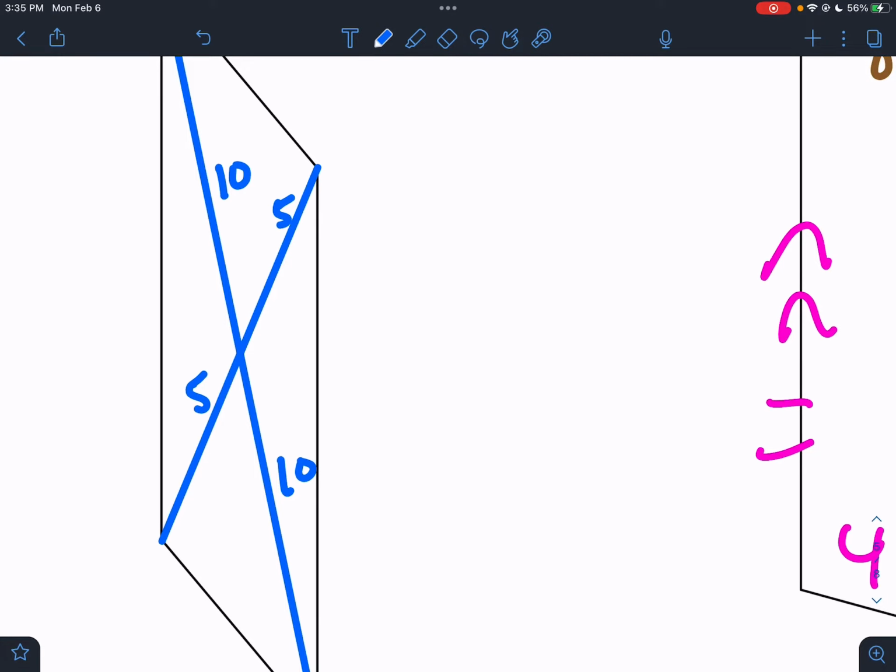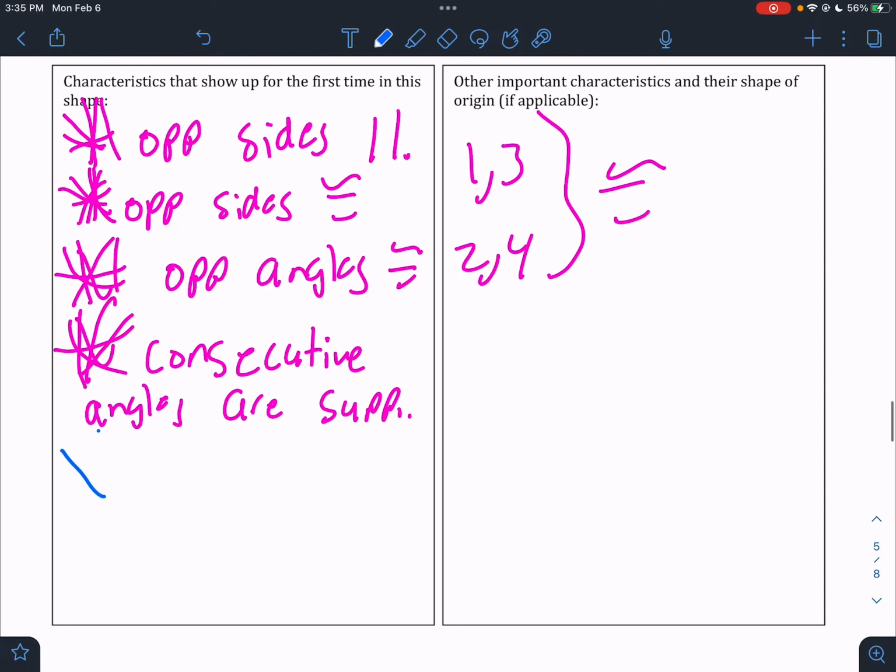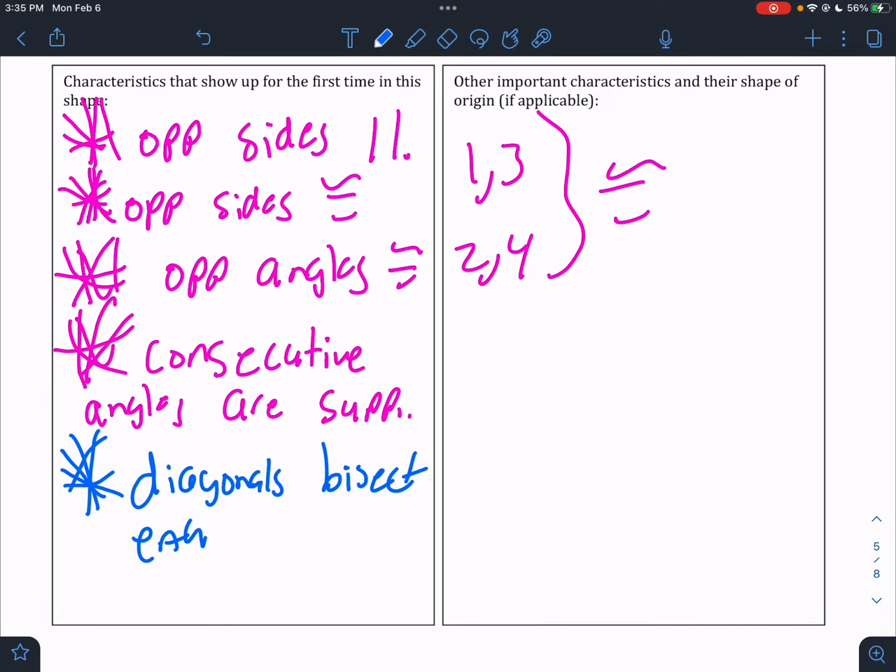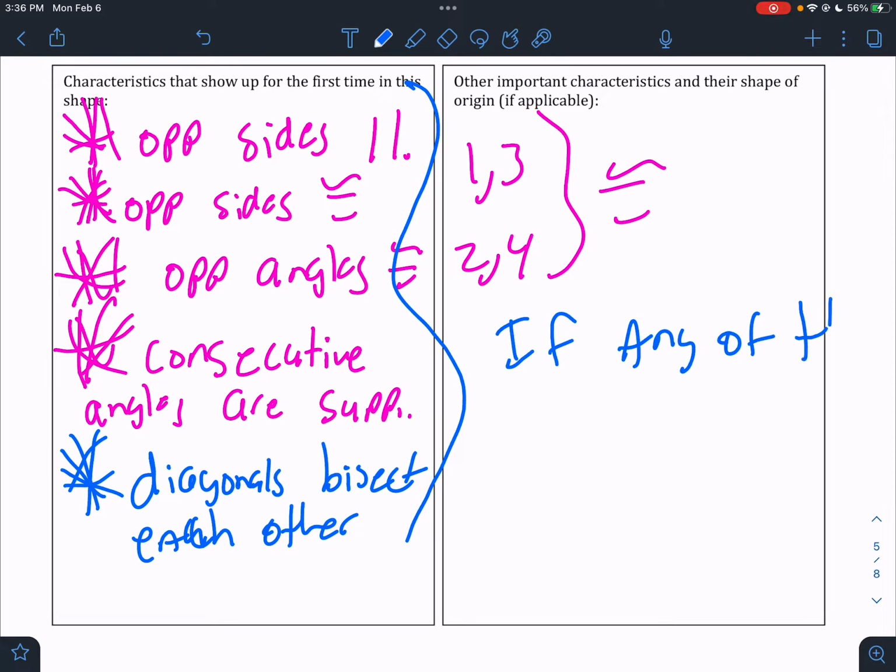That doesn't mean they're equal, but they cut each other in half. That's the fifth thing. The diagonals bisect each other.